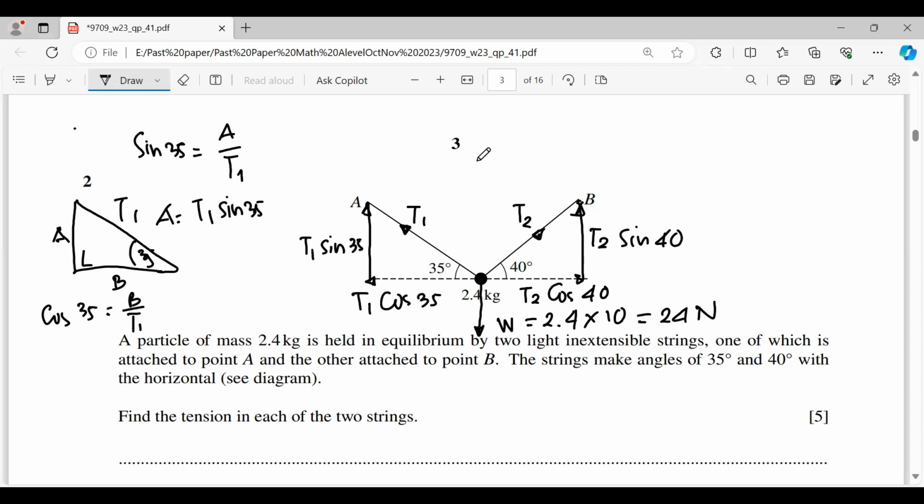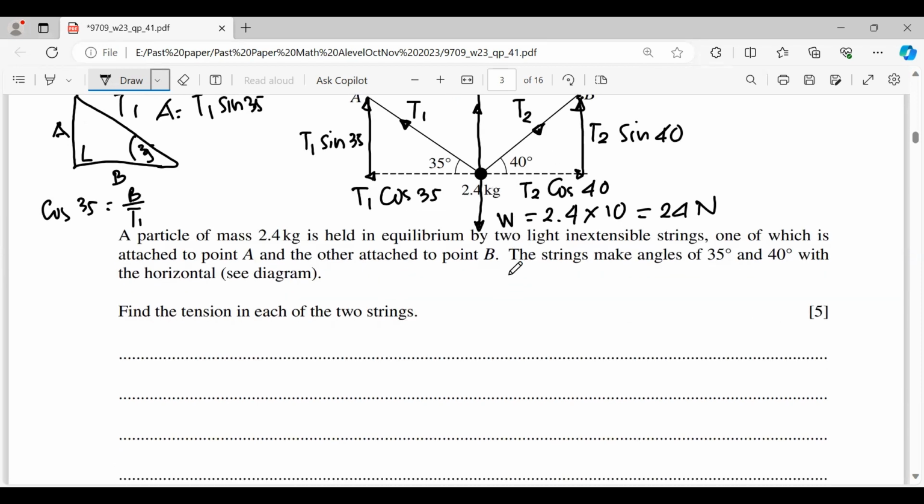Therefore, we can say that there are two forces acting vertically upwards: T2 sine 40 and T1 sine 35.